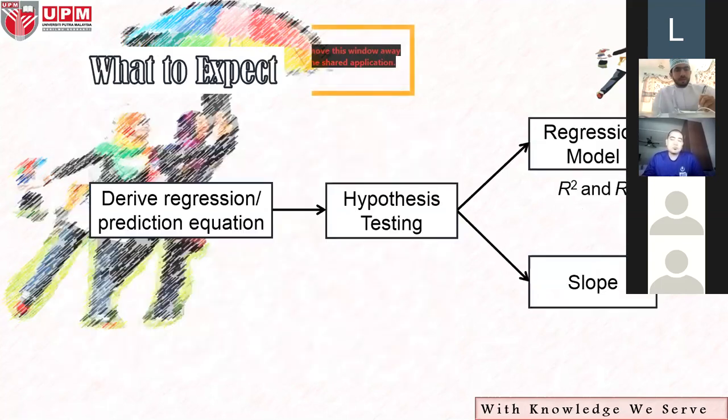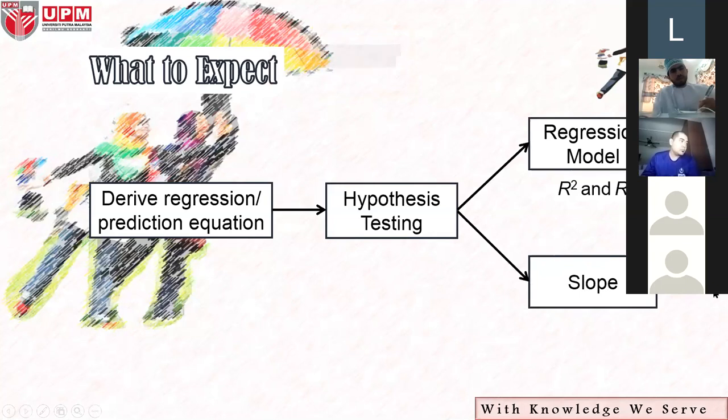Slope here is actually referring to the individual contribution, and this is what we will report later with the value. I will explain more later.